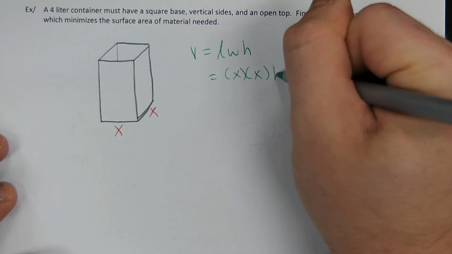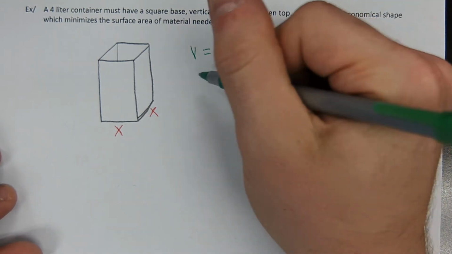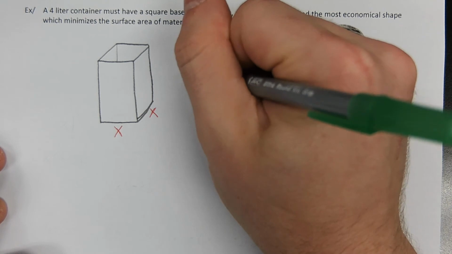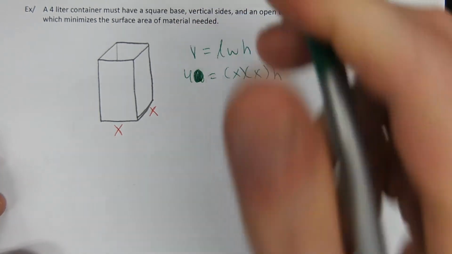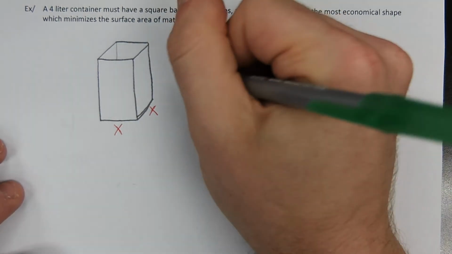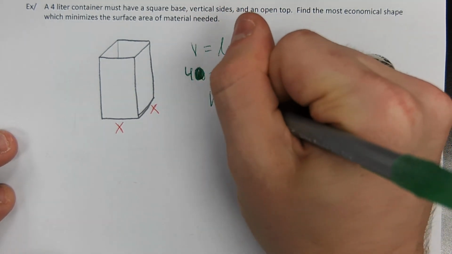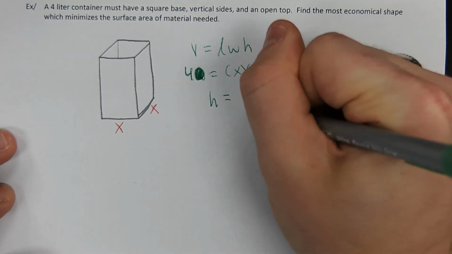I don't know the height, but you know what I do know? I do know that the volume is 4, not 40, sorry. This will allow me to find an expression for height in terms of x. My height can be written as 4 divided by x squared.